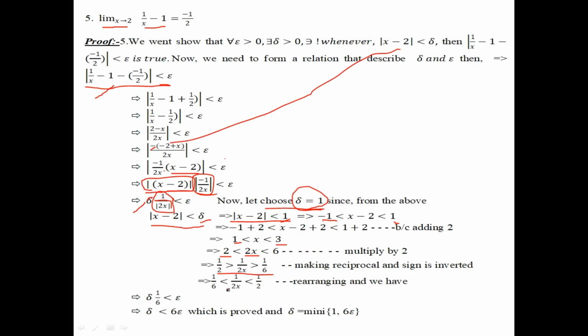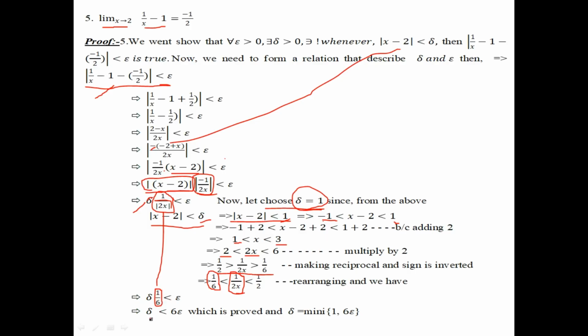So 1 over 6 is less than 1 over 2x, less than 1 over 2. Rearranging, we have such one. So at the place of 1 over 2x, this one is greater than 1 over 6, so we will substitute 1 over 6.